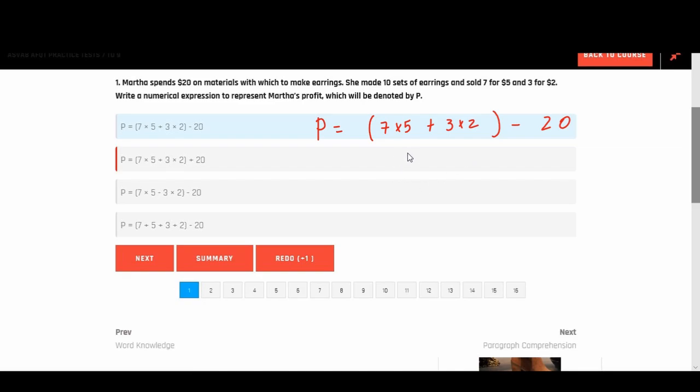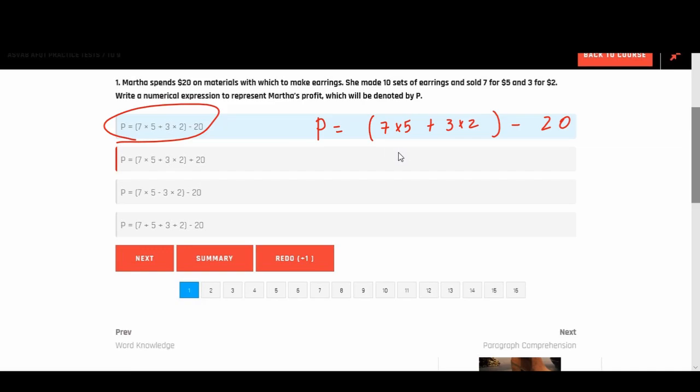And there we can see that that's the appropriate equation to represent how much profit she makes. It's right here. Not really anything I can explain more than just showing you how it's done.